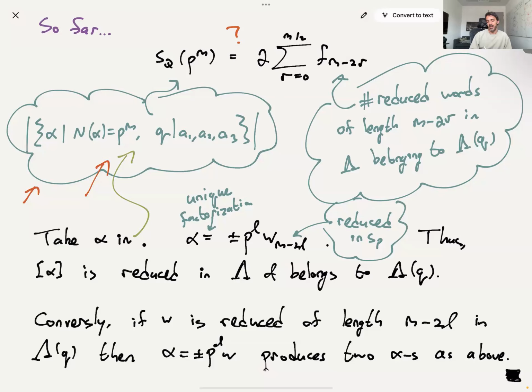So if W is a reduced word of length m minus 2r in lambda q, then you can look at this alpha. It will be on the left-hand side, and it will produce two alphas as above. There is, I forgot to say, this factor of 2 because of the plus minus 1. Good, so that's it. That's the proof of this lemma.